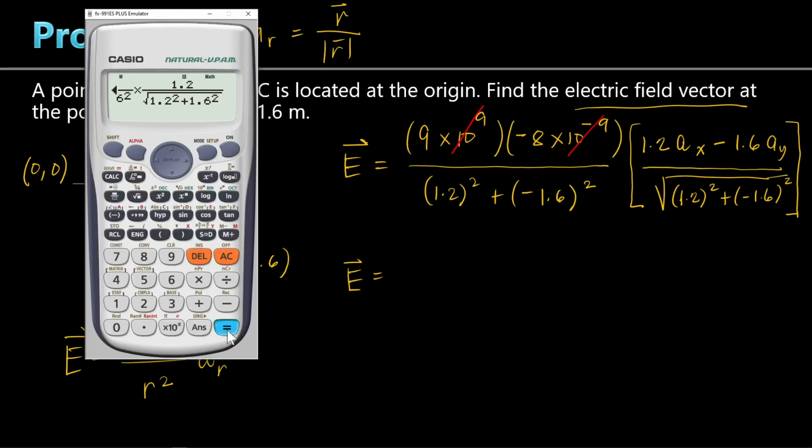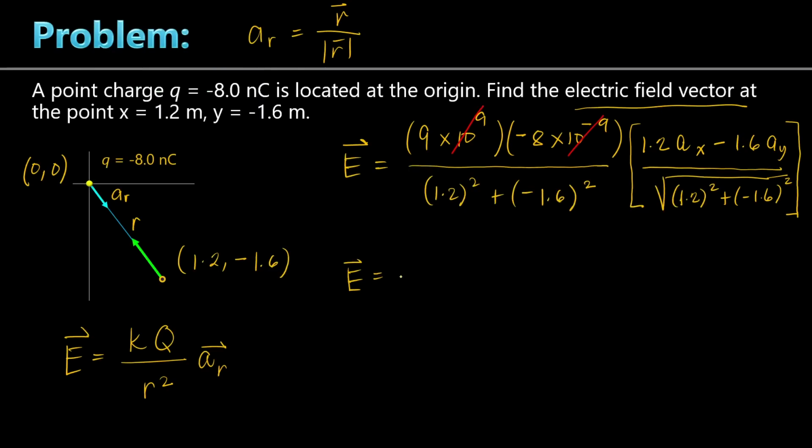Okay, let's press the equal sign to get the answer. We got negative 10.8. So, sulat natin yan ha. Negative 10.8 AX.